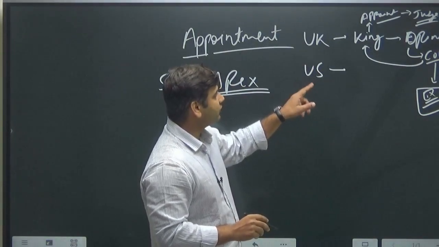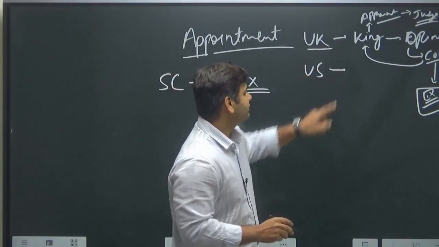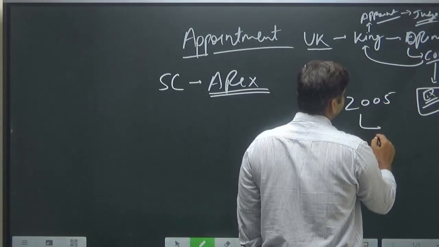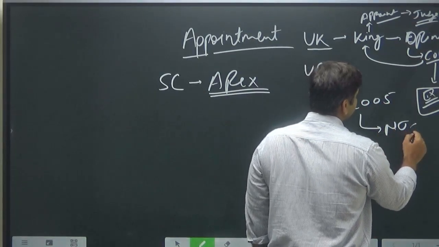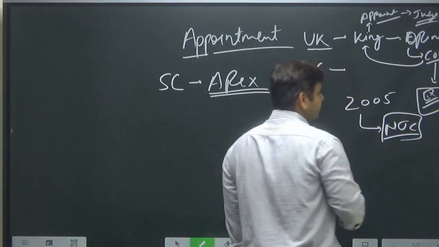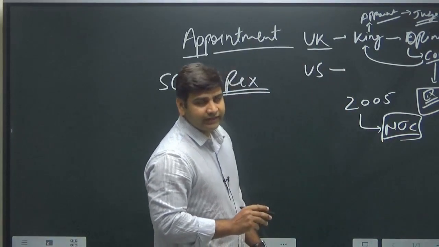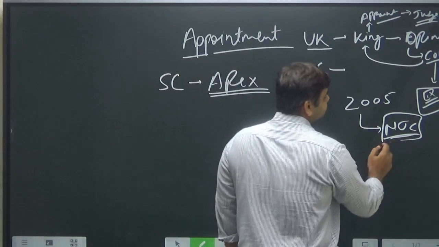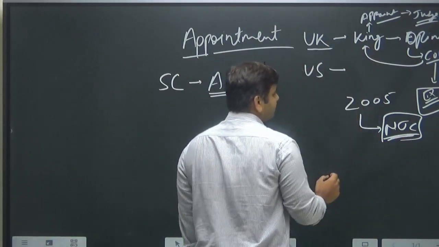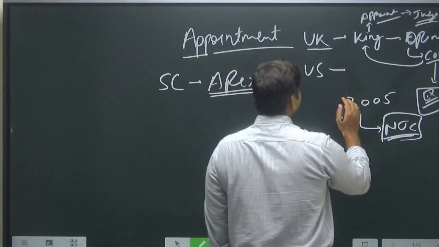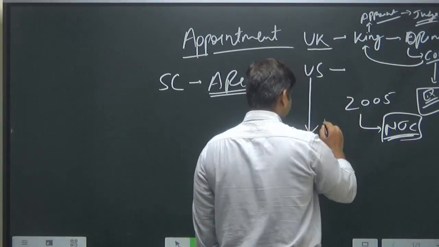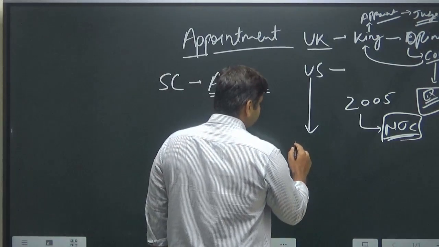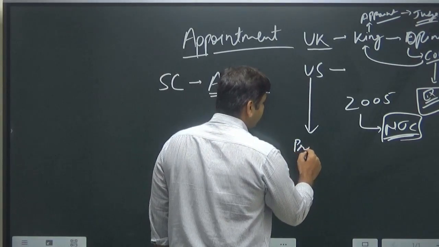This was followed in the United Kingdom till 2005. In 2005, a National Judicial Commission was formed, which has several dignitaries inside it, which helps in the appointment of the Supreme Court judges. When it comes to the United States, the process is quite cumbersome. The judge is appointed by the President.